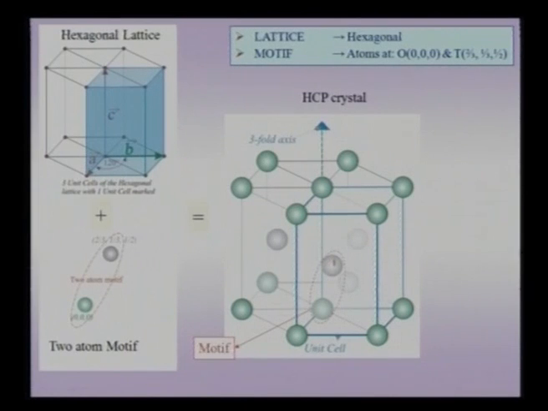Therefore, if this is my lattice point, then this atom here goes part of the motif. My conventional unit cell, as you can see here, is the rhombic prism outlined in blue. So, I have my simple hexagonal lattice and a 2-atom motif, and as before I have to put exactly this kind of motif in identical orientation at each lattice point to get the hexagonal close-packed crystal. And as I pointed out, if I look at pure rotational symmetries, this crystal has got a 3-fold rotation only.